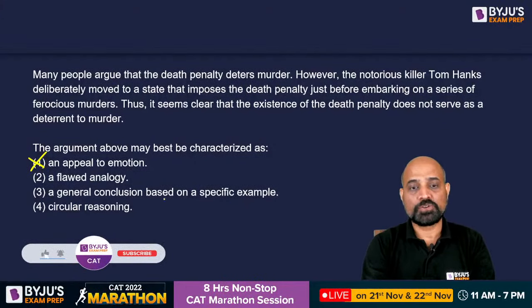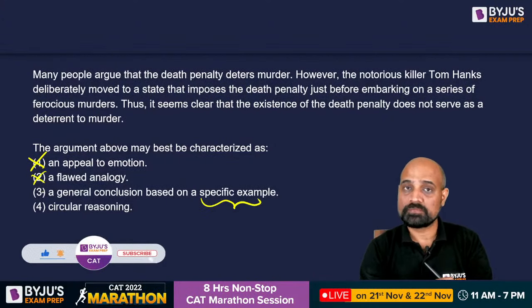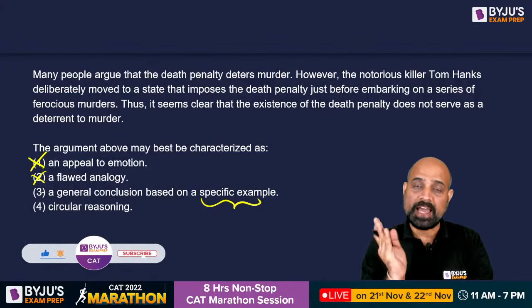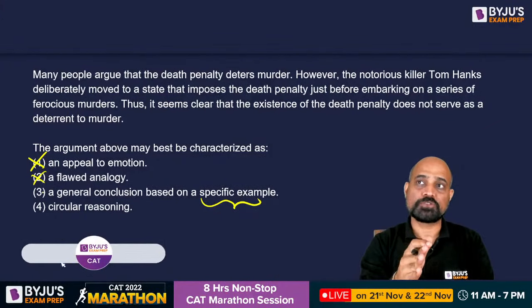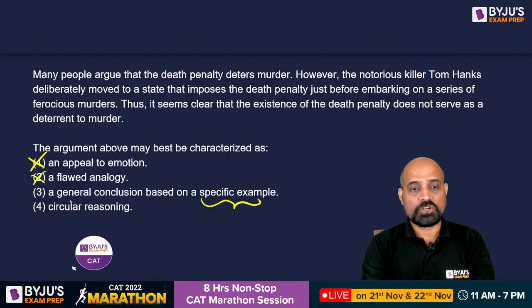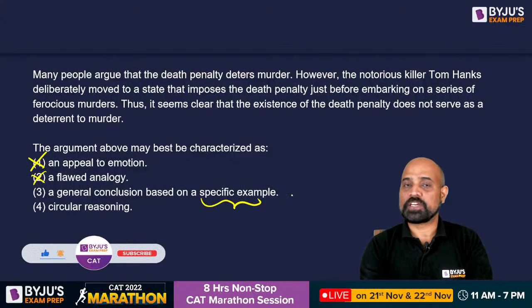A general conclusion based on a specific example. Now, this makes more sense as compared to the second one. See, sometimes the answers are not going to be accurate, but the one which is more accurate among the options. Okay? So, a general conclusion based on a specific example.